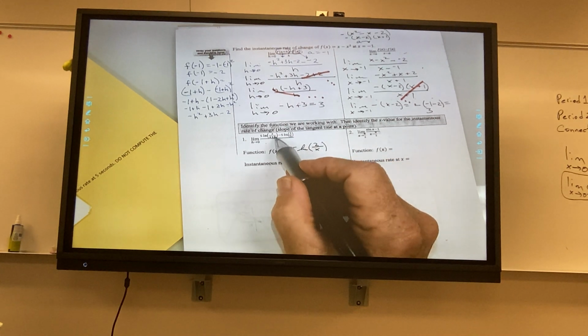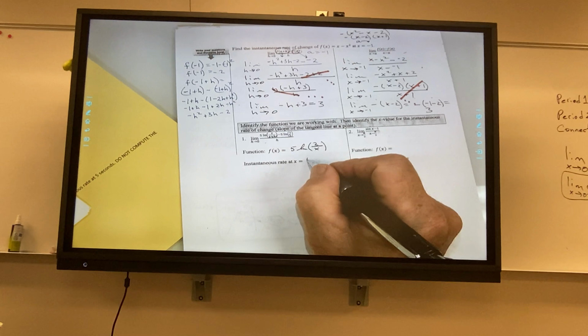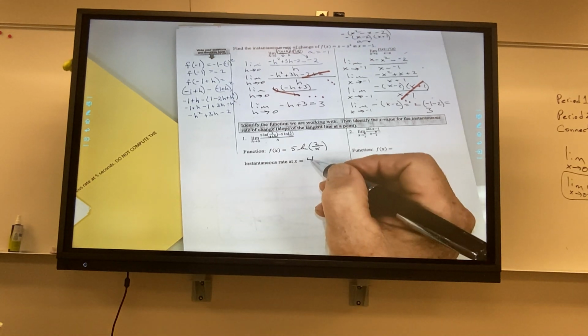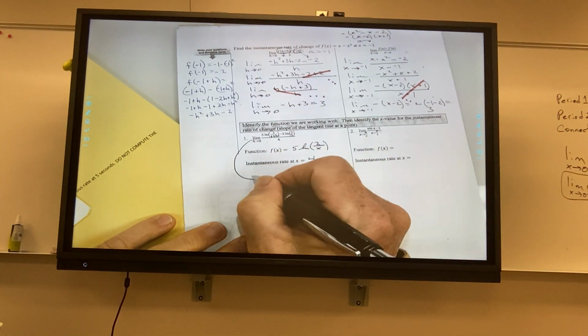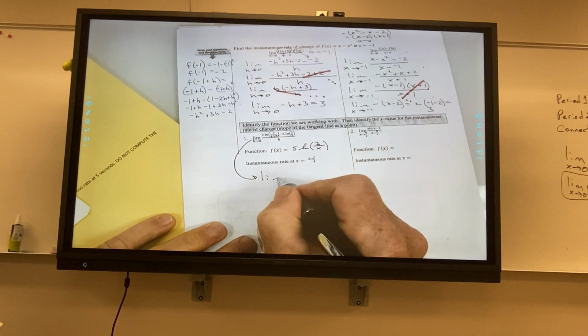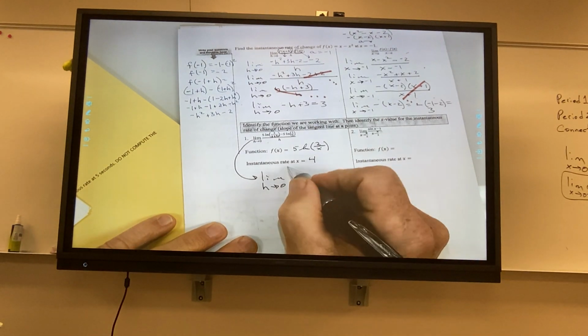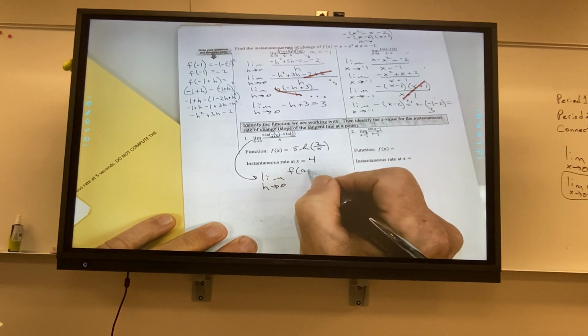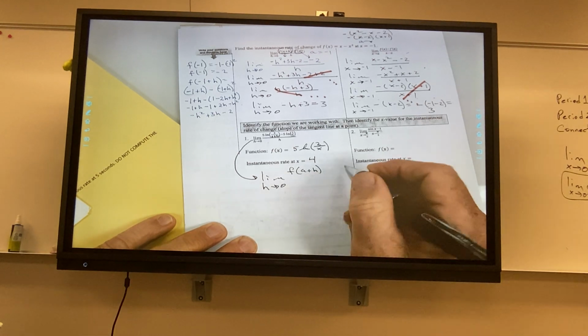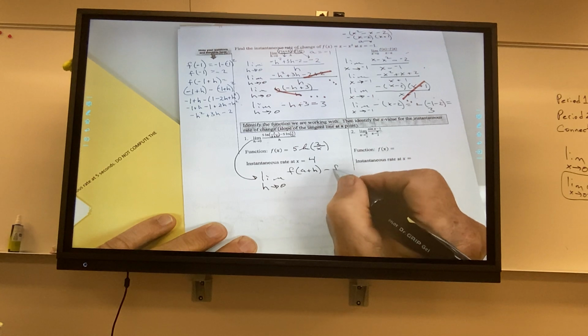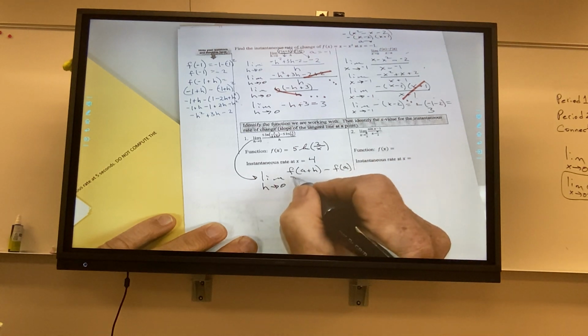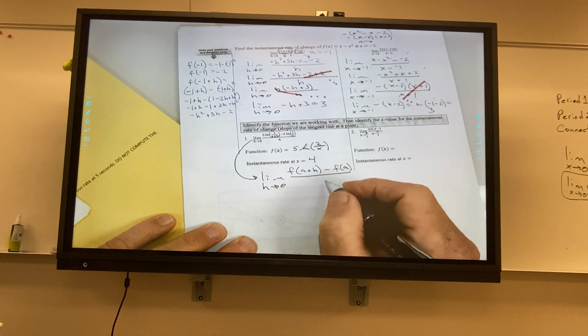And then I'm making h really small. Here's my 2 over 4, plus h is really going to be a small number. So the answer here is 4. This is the limit as h goes to 0 of f of a plus h minus f of a all over h.